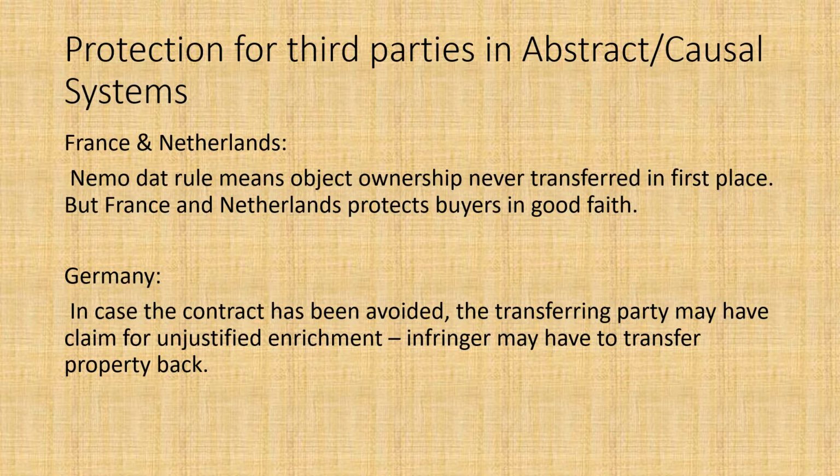But France and the Netherlands do have mechanisms to protect buyers who were in innocent good faith when they bought the property. In Germany, in case the contract has been avoided, the transferring party may have a claim for unjustified enrichment, and the infringer may have to transfer the property back.